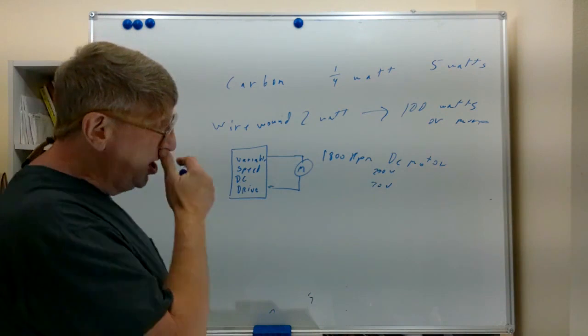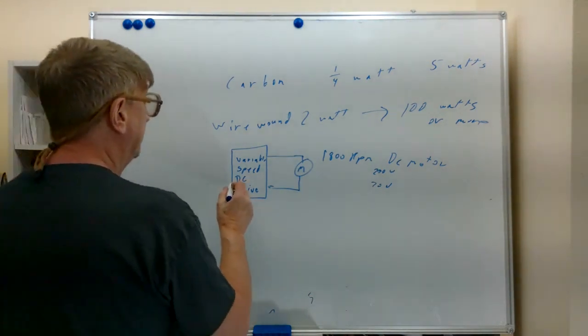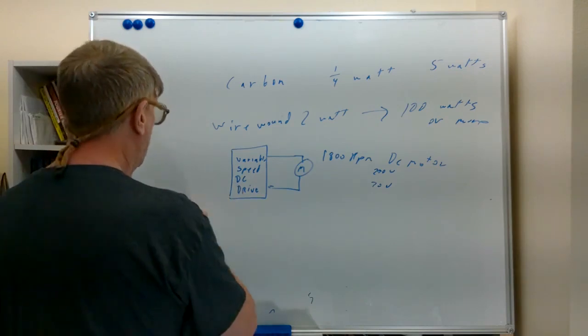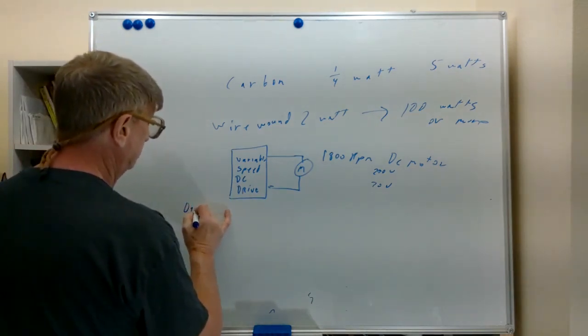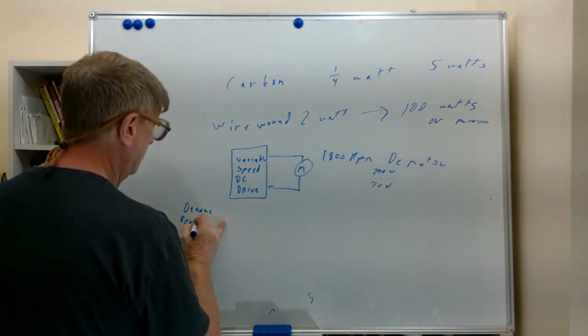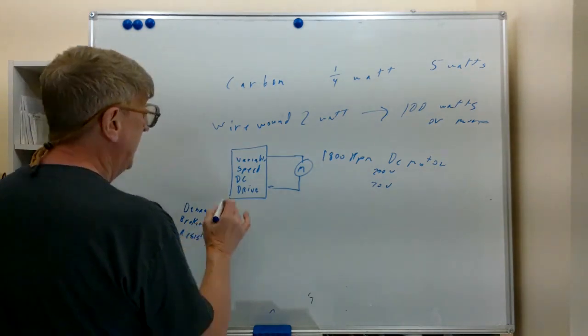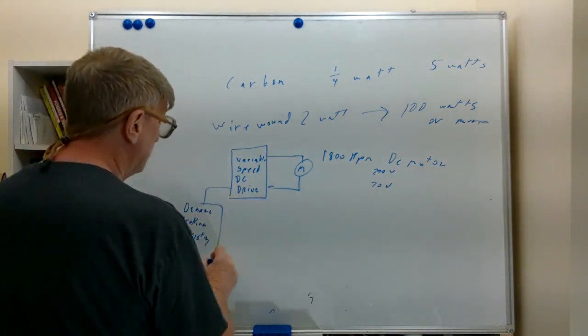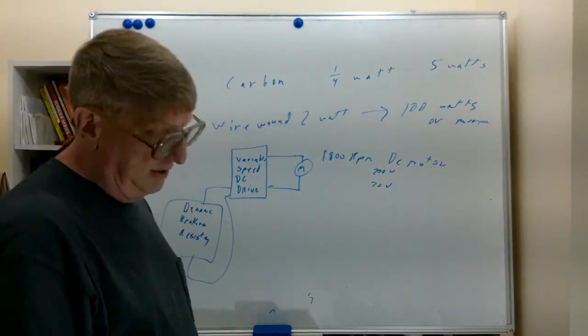If that happens too long, we end up with extra power, and we have what are called dynamic braking resistors. This is a way to get rid of that extra stored energy in that rotating motor.